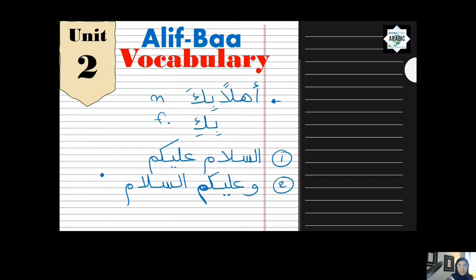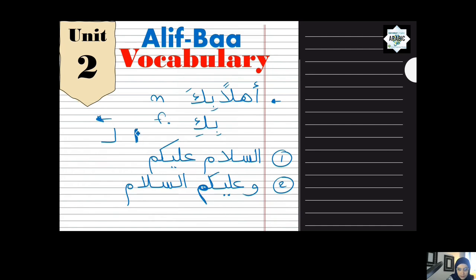Wa alaikum assalam. A lot of people are still learning how to trace the Arabic script, so I want to leave a note: the lam is always connected to whatever letter follows, because people confuse it with alif.